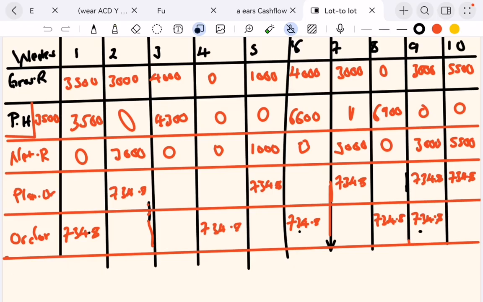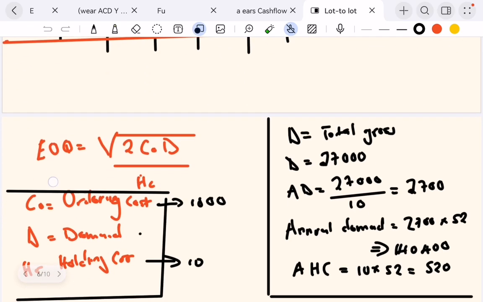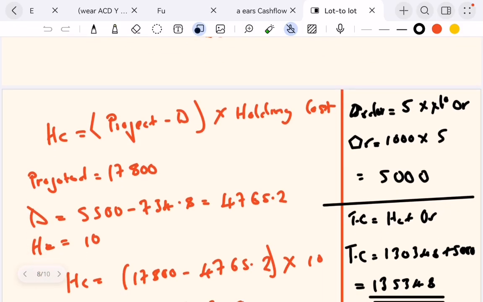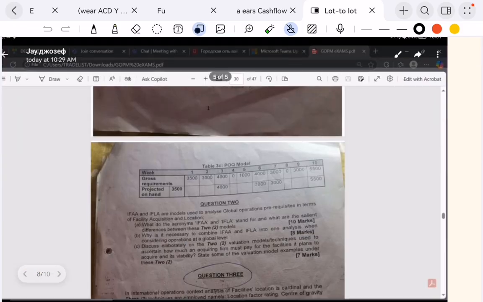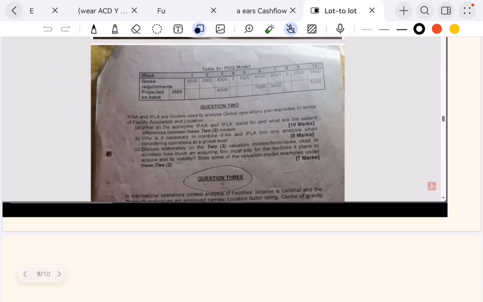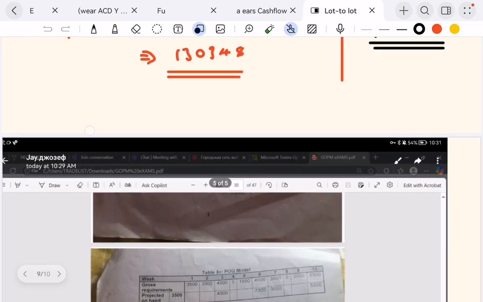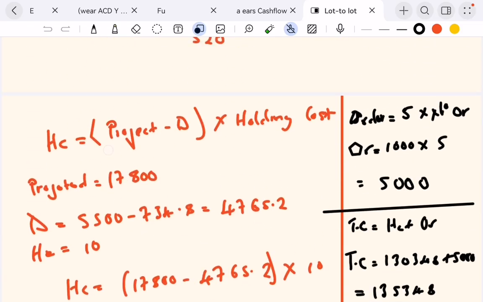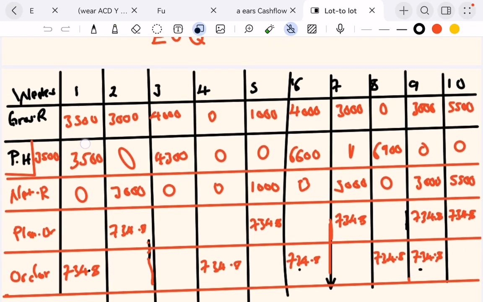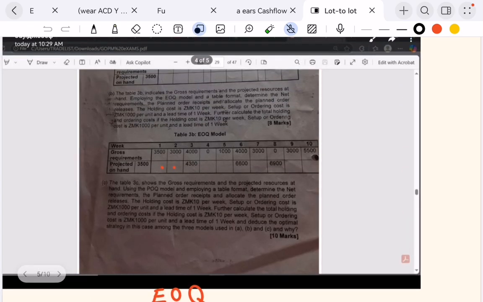Okay, let's go to C. So here is the question for C. In fact, we have been asked to find the same thing.